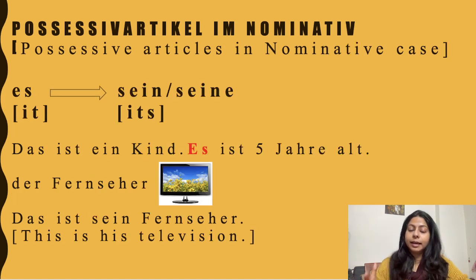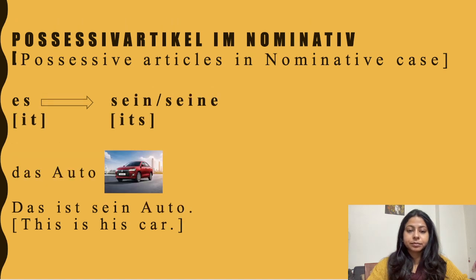Now, let's look at another set of pronouns, that is es. So, again the possessive pronoun would be sein or seine. "Das ist ein Kind. Es ist 5 Jahre alt." So the article here is der, masculine. Again, I have taken Fernseher. So, "Das ist sein Fernseher." "Das Auto, das ist sein Auto."